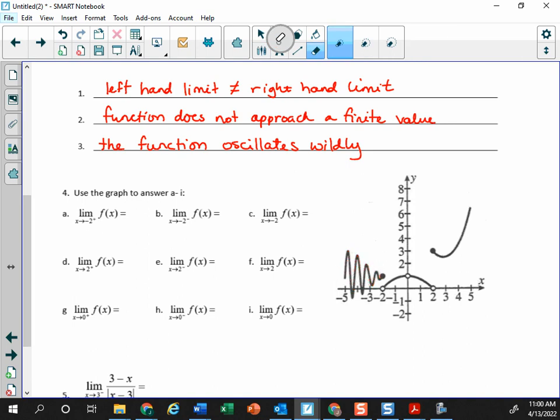So B might be a little tricky. If you can't read something, let me know. I know the font is tiny for you.